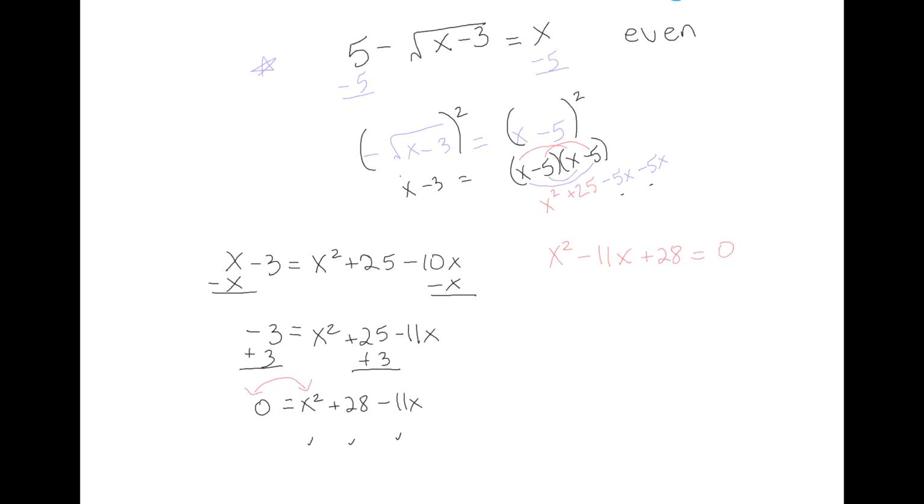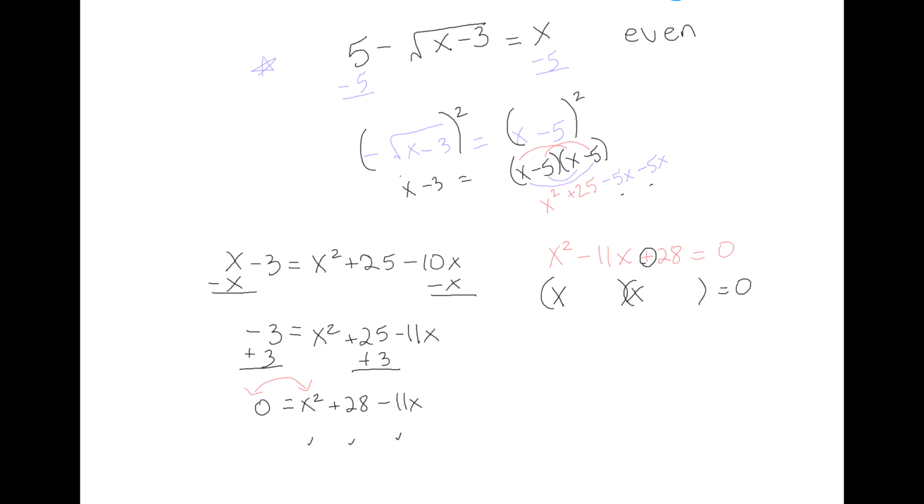Now I have a regular trinomial looking thing. I'll try to factor it. The zero product rule says if I have a bunch of stuff multiplied and my answer is 0, then one or both of them have to be 0. So the second sign is positive, I'm going to have the same sign.